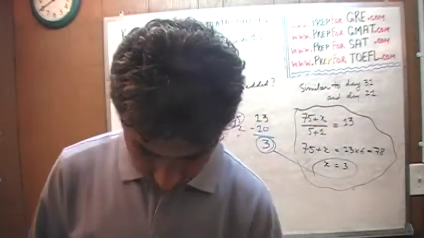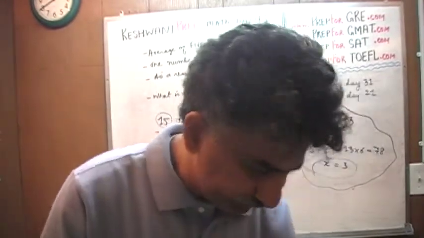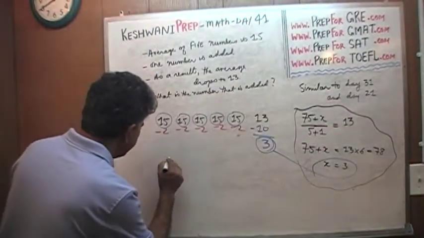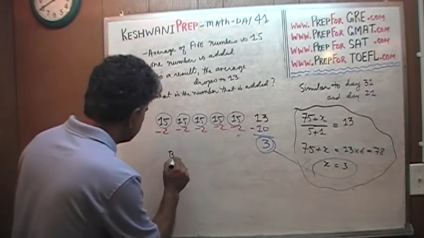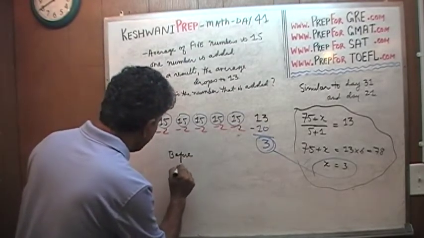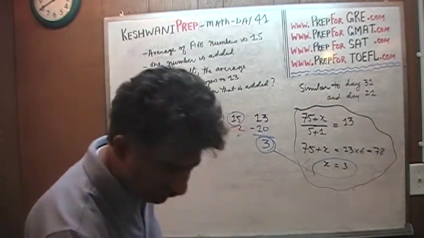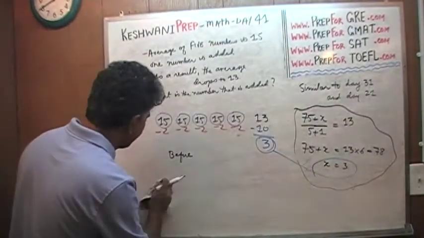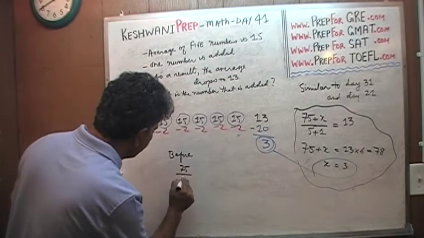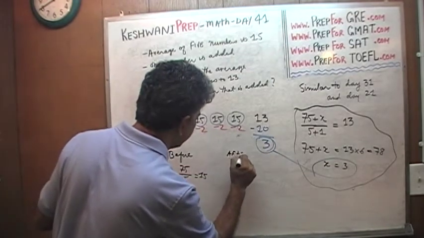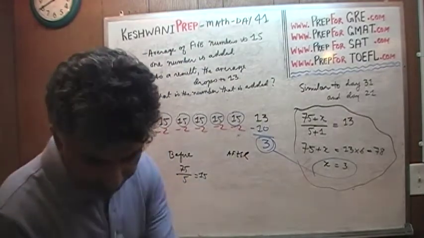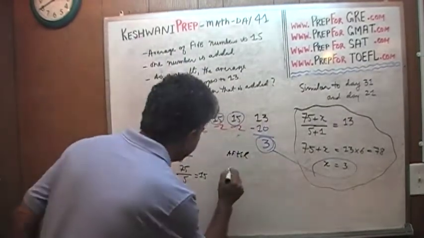If you want to verify it, we can quickly verify also. Well, we already saw the before part. Before we had 75 over 5, which was the average of 15, and at the end, after we added the last number, we have a sum of 78.